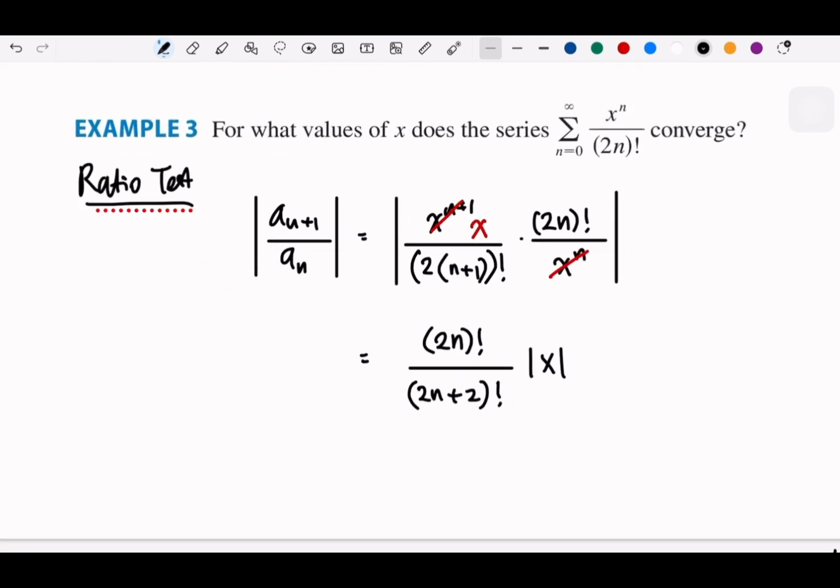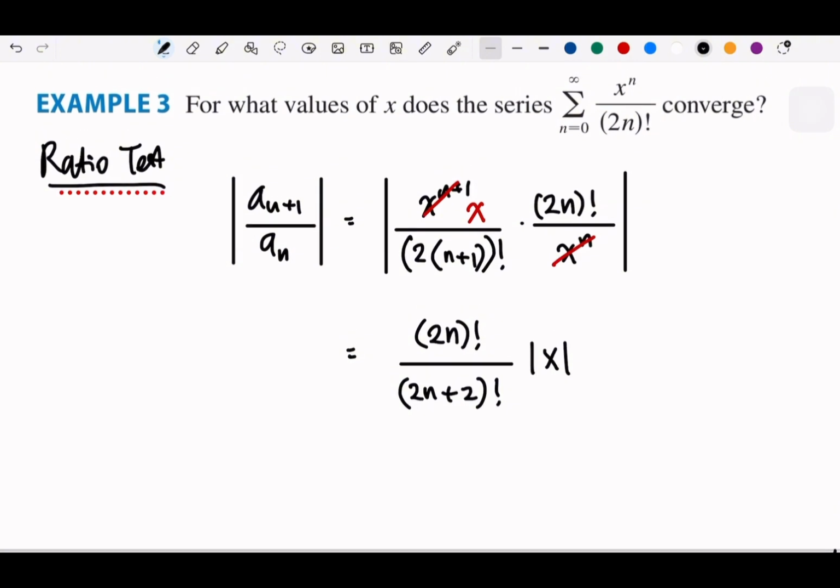Okay, now we can write the 2n plus 2 factorial as 2n plus 2, 2n plus 1, and then 2n factorial.